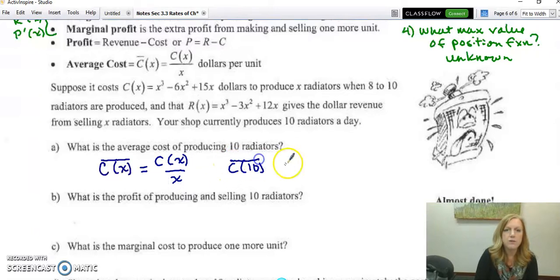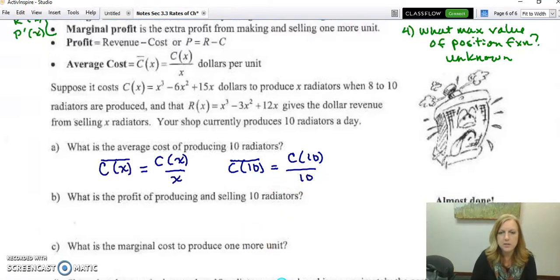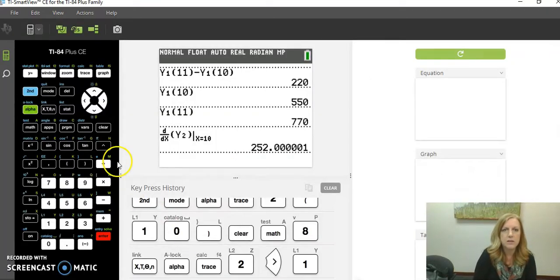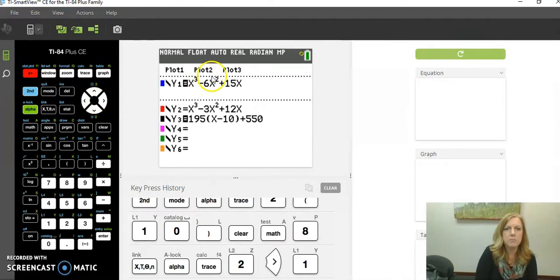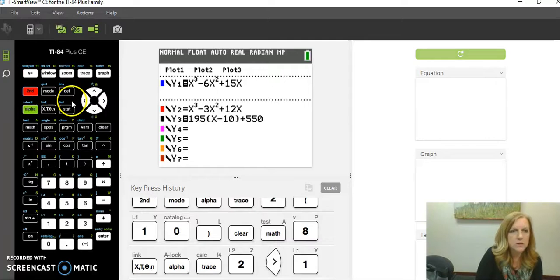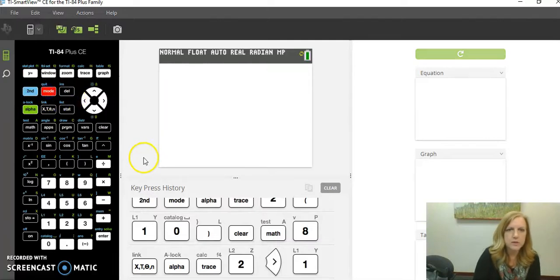So the average cost of producing 10 radiators, I'm going to take the cost at 10 and divide by 10. I'm going to assume this is a calculator problem. I went ahead and put into Y equals my cost function in Y1 and my revenue function in Y2. Let's go back to the home screen.